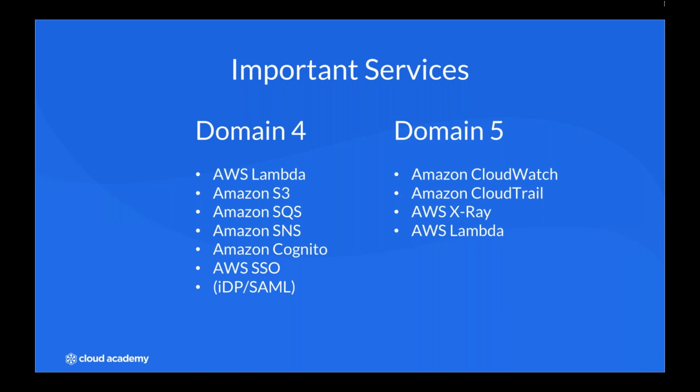Why would you use them? They're trying to get you to avoid hard coding or building things from scratch that are already available to you. Because if you use the existing services, you can enable some other monitoring and logging services. With domain 5: Amazon CloudWatch, Amazon Cloudtrail, AWS X-Ray, Lambda functions.